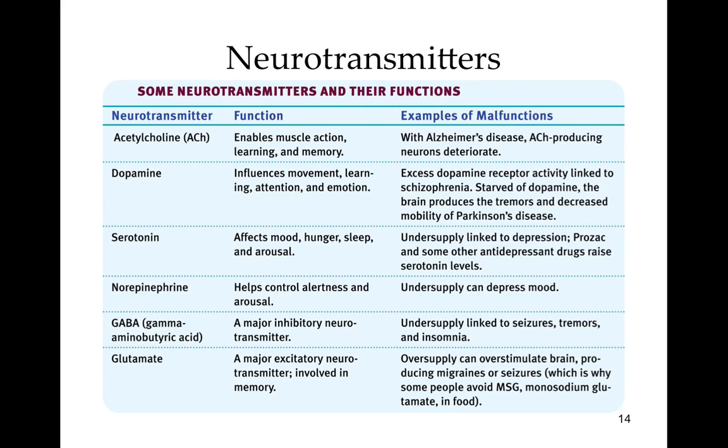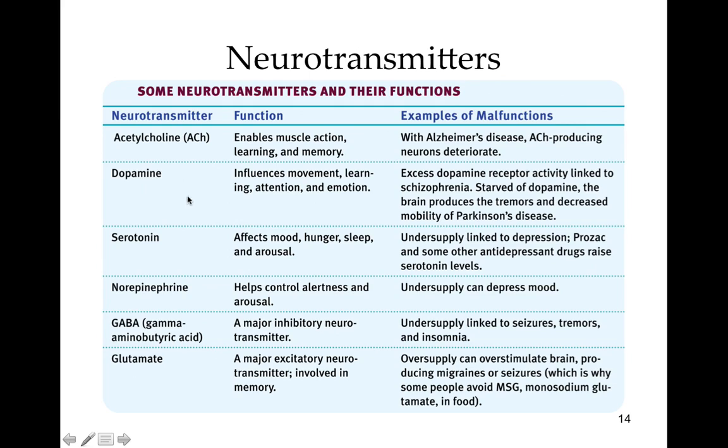It enables muscle action. We know that ACH, or acetylcholine, is also linked with learning and memory. Specifically with memory, we know that in Alzheimer's patients, the ACH producing neurons deteriorate, and with the lack of that, they have links to memory loss and Alzheimer's disease.